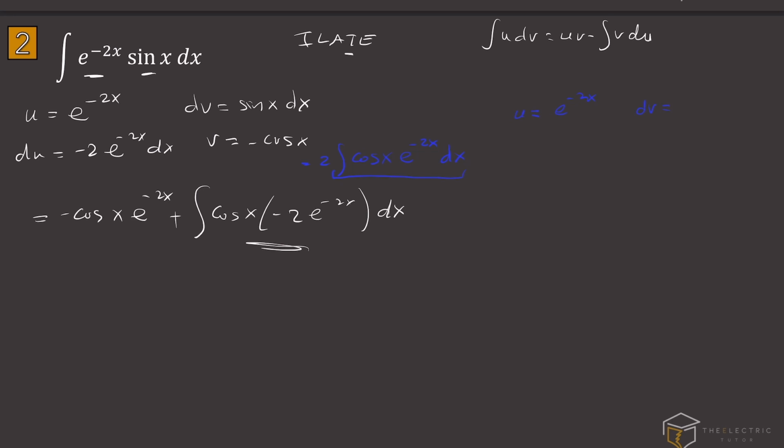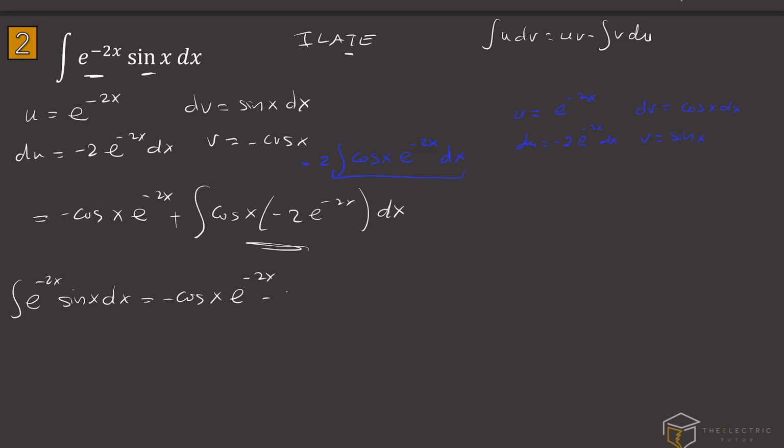So now my new dv is going to be cosine x, so v is easy, it's just sine x. And du, once again, is minus 2 e to the minus 2x dx. So I'm going to rewrite everything. At the moment we have minus cosine x e to the minus 2x. That part is already finished.